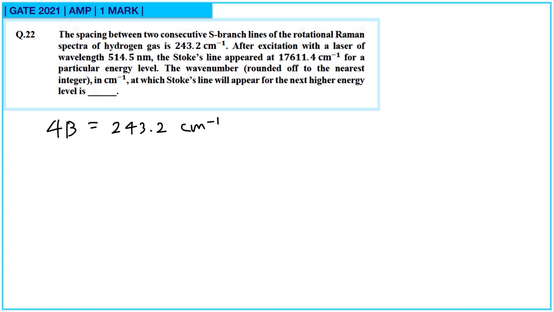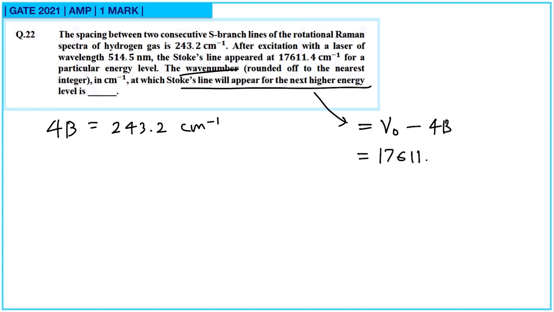The wave number at which the Stokes line will appear for the next higher energy level is. That will be equal to mu naught minus 4B, where mu naught is given as 17611.4 and 4B is 243.2.